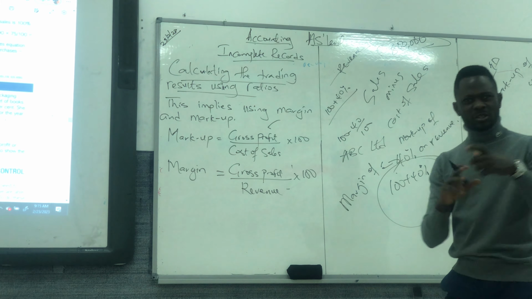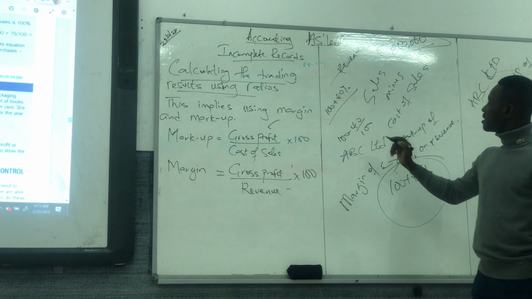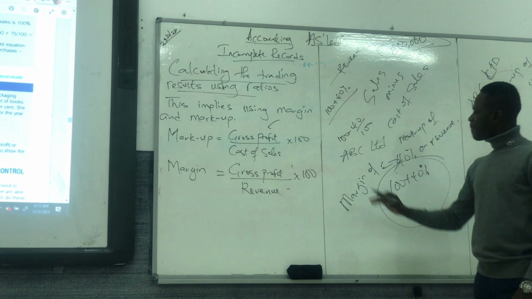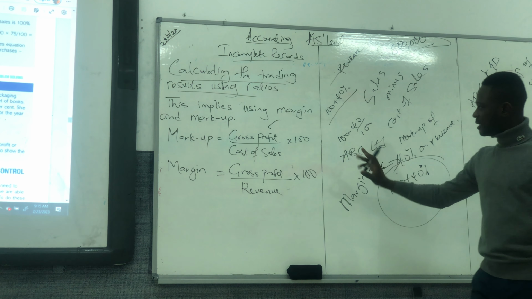I'm going to explain. Let's assume our revenue is 800,000 for this year. We are predicting that next year our revenue should give us a markup of 40%.